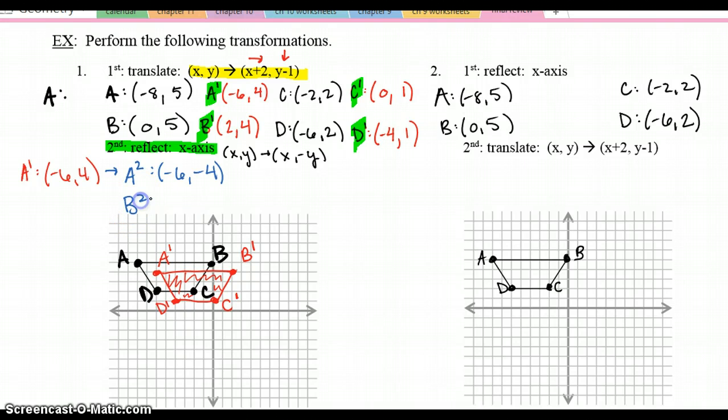B2, I'm going to go from 2, 4 to 2, negative 4, switch the sign of my y. C2, I'm going to go from 0, 1 to 0, negative 1, switch the sign of my y. And D2 is going to be negative 4, negative 1. So all I did here was flip the sign of my y value.